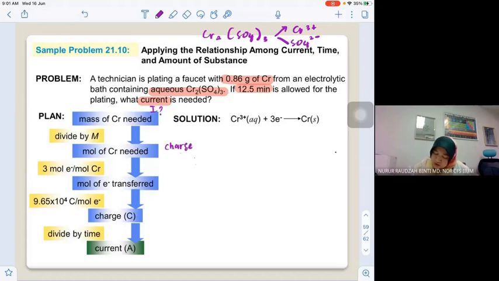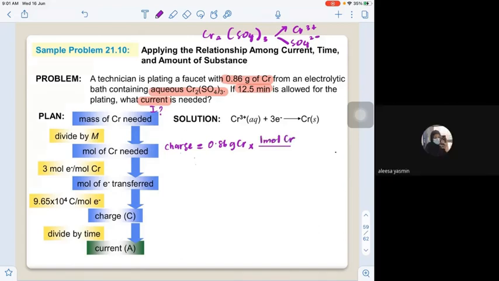Equal to the starting unit, which is the information that we have in the question. We have 0.86 gram of chromium. Then we need to cut the chromium. How to cut the chromium is by using its molar mass. For every 1 mole of Cr, it is 52 gram of the Cr.